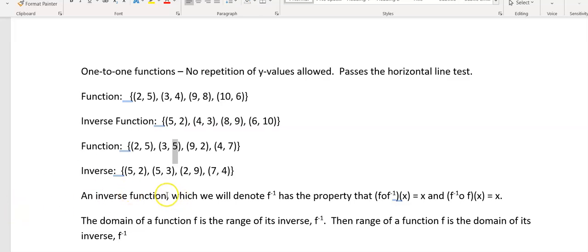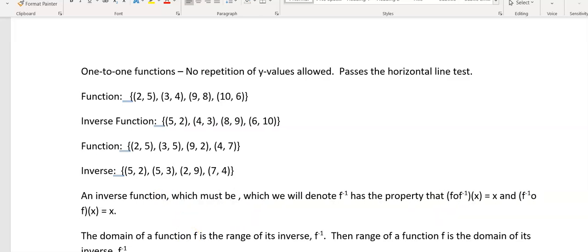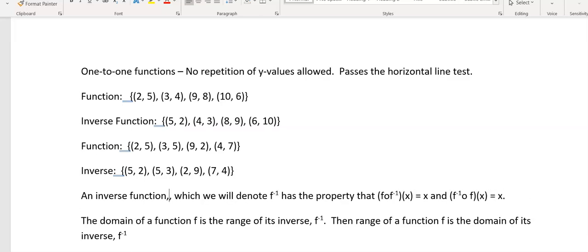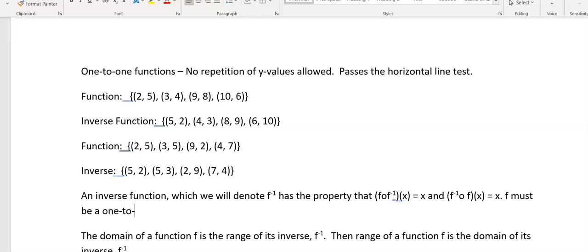So an inverse function, which we will denote f inverse, has the property that when we compose it with its original function, we get x as the answer. And it doesn't matter which direction we compose it with. And I just want to make the note here that f must be a one-to-one function in order to get an inverse function.